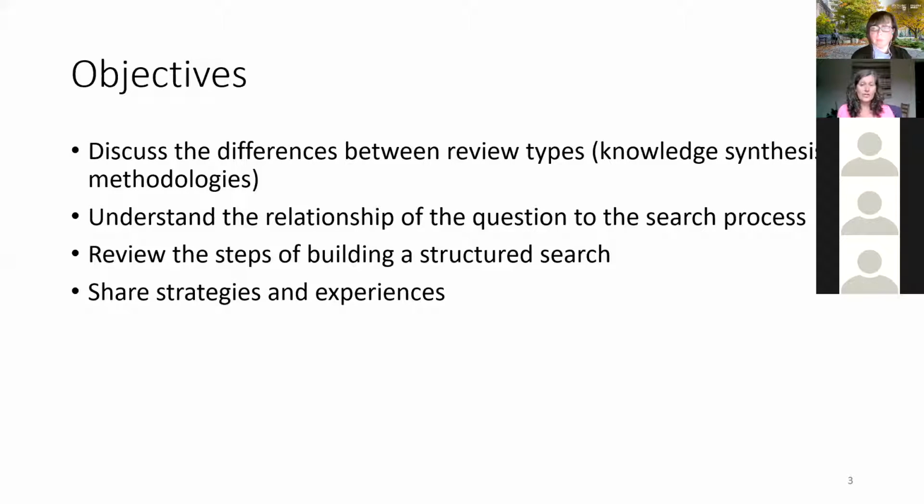And then looking at building a search, and then a little bit about the strategies, and I welcome any comments you have about your experiences, if you've done one, if you've tried one, or if you know anything about it that you'd like to share with the group. I'd like this to be as collaborative as possible. So again, please feel free to enter questions or comments in the chat.